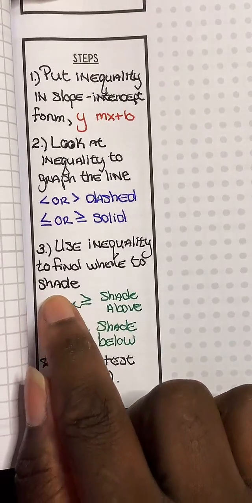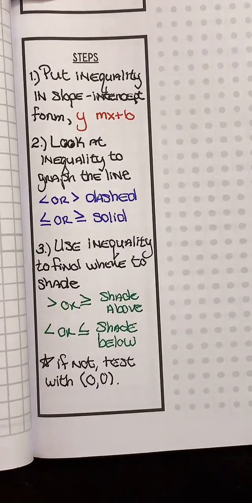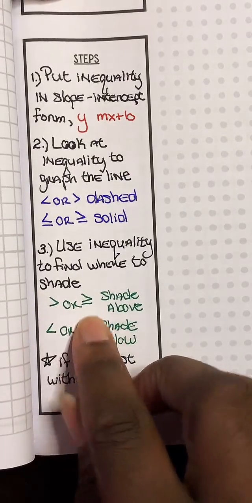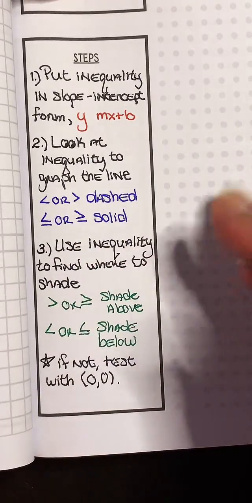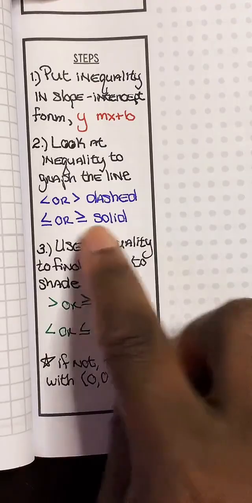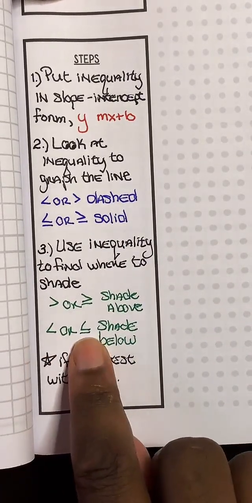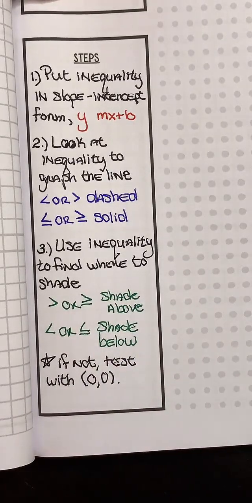When we do the shading, we want to shade the side that has all the numbers that make that inequality a true statement. So if you have greater than or equal to, once you draw your line, you're going to shade above that line. That line is also called a boundary line.